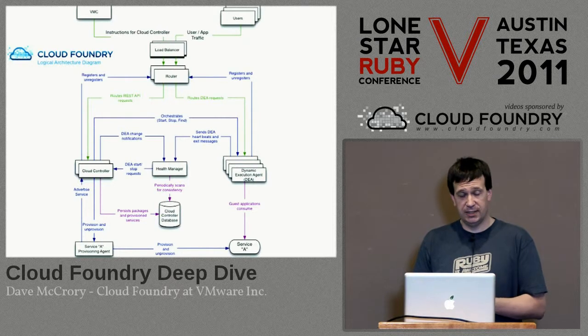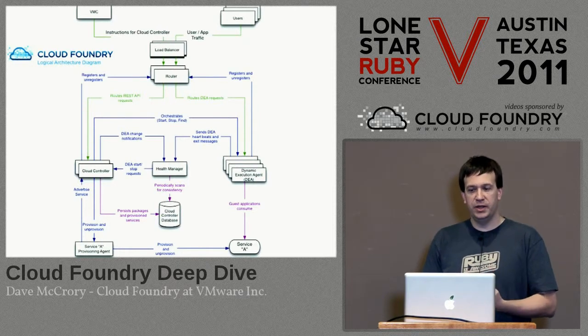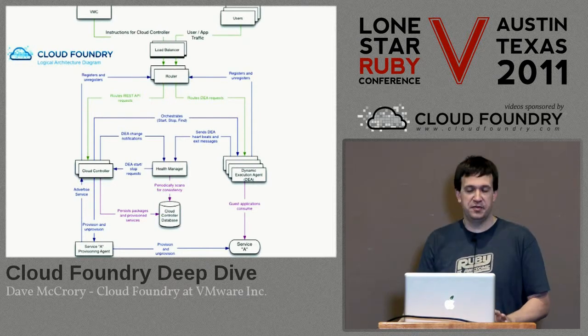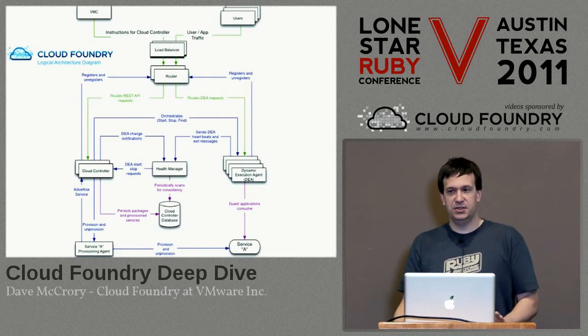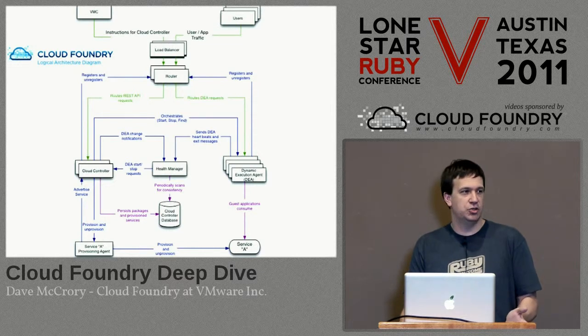And let's say you're just doing a single instance. What will then happen if you've requested for the app to start is a request from the cloud controller will be sent out to the DEAs, and that request says, I need somebody that's capable, let's say our runtime's 1.9.2. It'll say, I need a DEA capable of running a 1.9.2 Ruby app.